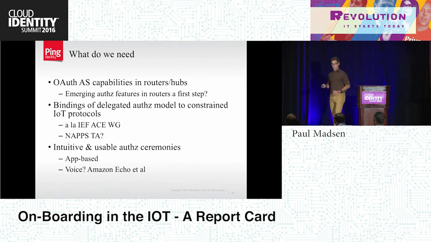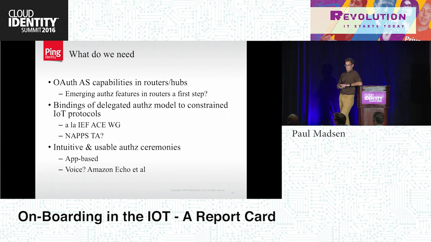The coincidence that I referred to, I think there are encouraging signs that we might get there. There are authorization features emerging in modern routers. There are IoT features emerging in modern routers, right? Modern routers ship now with multiple radios and not just Wi-Fi. There's Zigbee, et cetera.